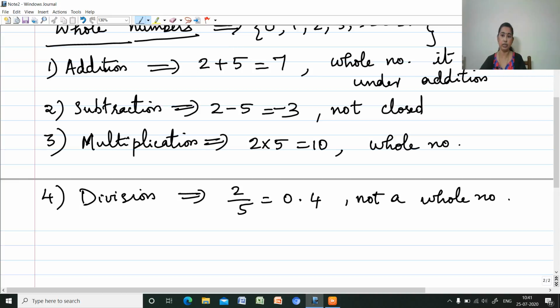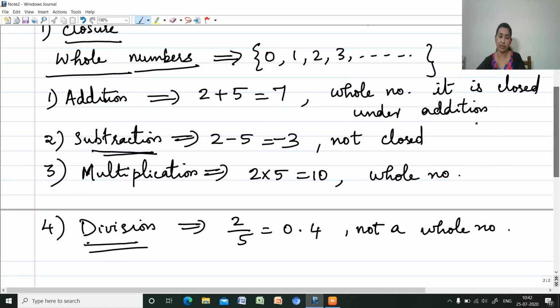So in which cases is it not closed? Whole numbers are not closed for subtraction, and whole numbers are not closed under division also. So closure property is satisfied for addition and multiplication in the case of whole numbers.